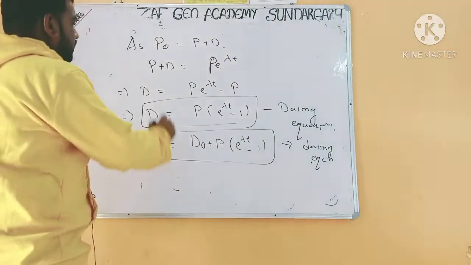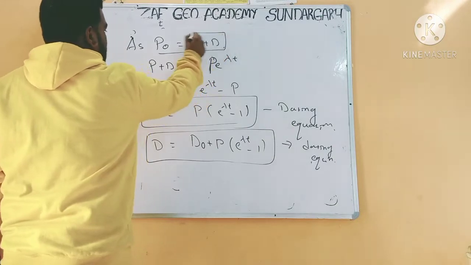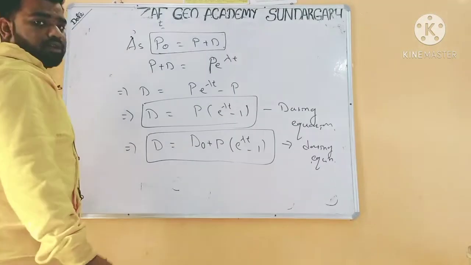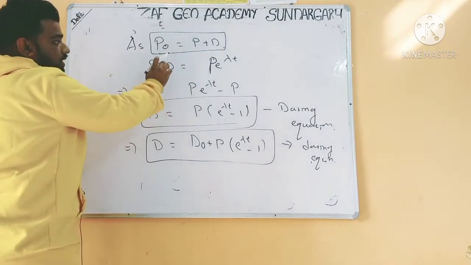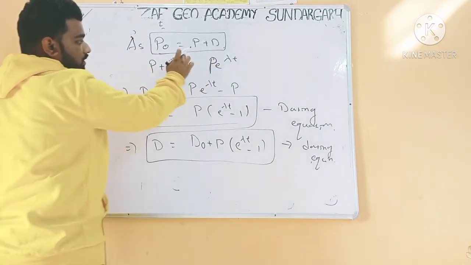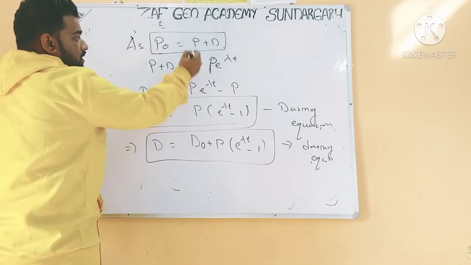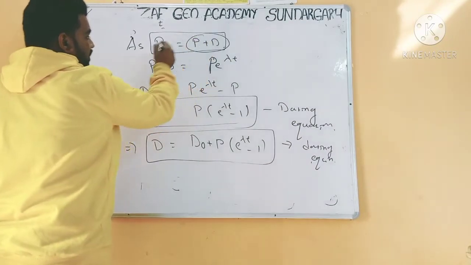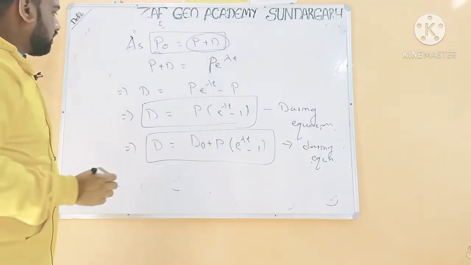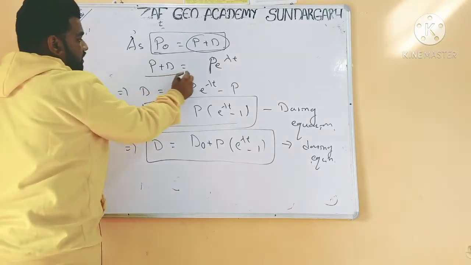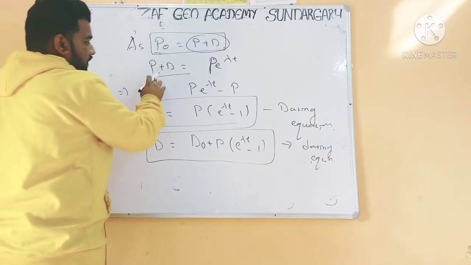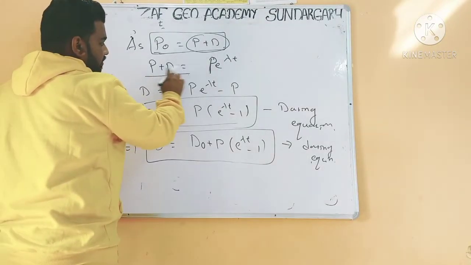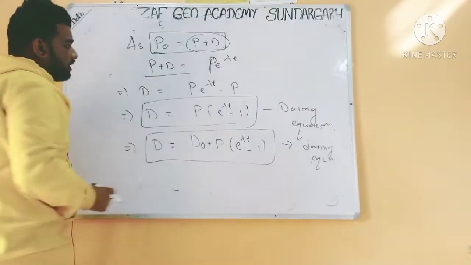Now as you know, P naught is equal to P plus D. The total concentration of the original parent element is equal to the concentration of the parent element plus the concentration of the daughter element after time t. So this whole constitutes the original parent element. So P plus D, from the previous equation 1, is equal to P e to the power lambda t.